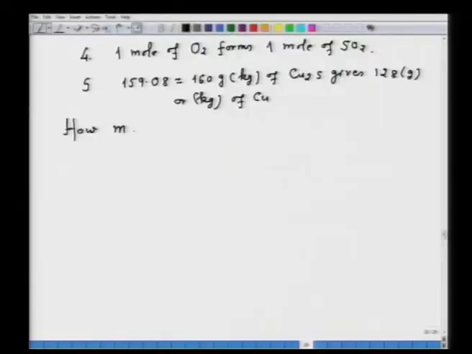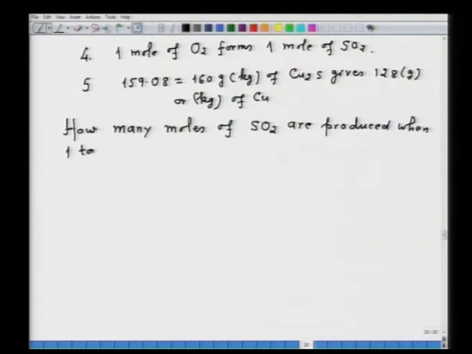Let us see now how many moles of SO2 are produced when 1 ton of copper matte.